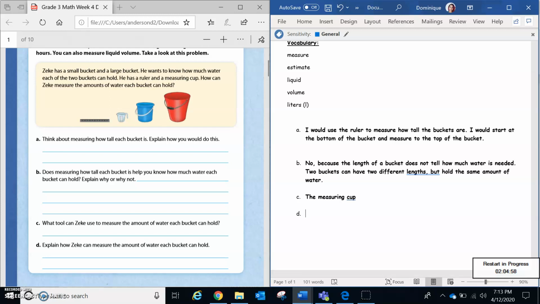D, explain how Zeke can measure the amount of water each bucket can hold. So if we're looking here, you can see our measuring cup is a lot smaller than our buckets.